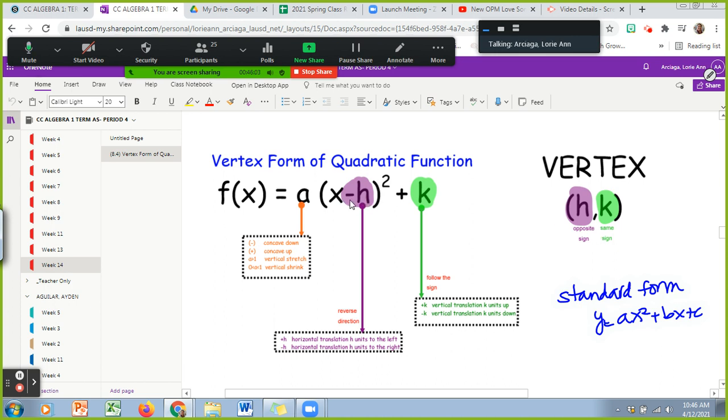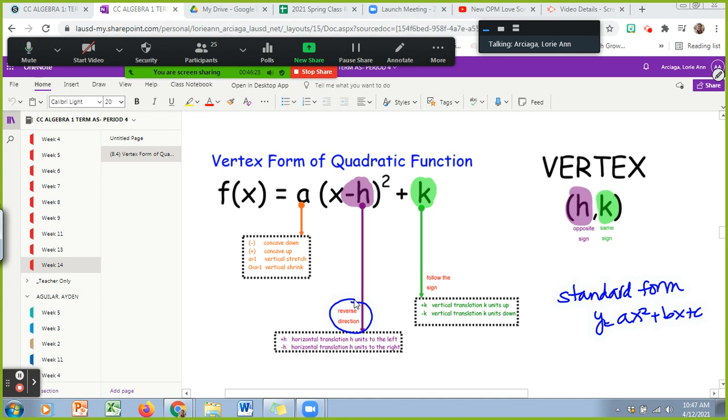If you have a negative h, you reverse that. You get the opposite. When you describe the transformation, you reverse the directions. If it's minus h, you move to the right, but if it's plus h, you move to the left. That has been written down for you explicitly.